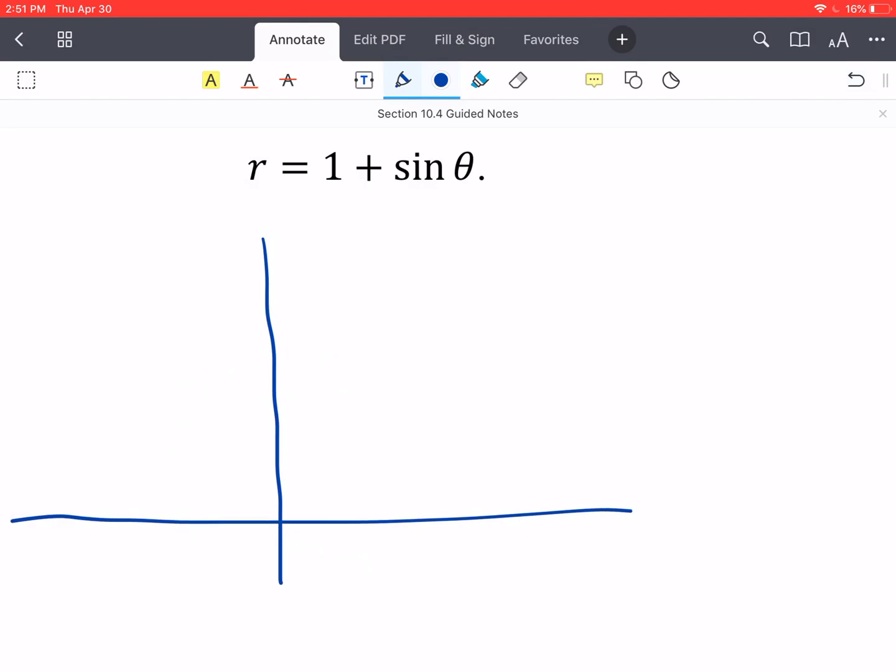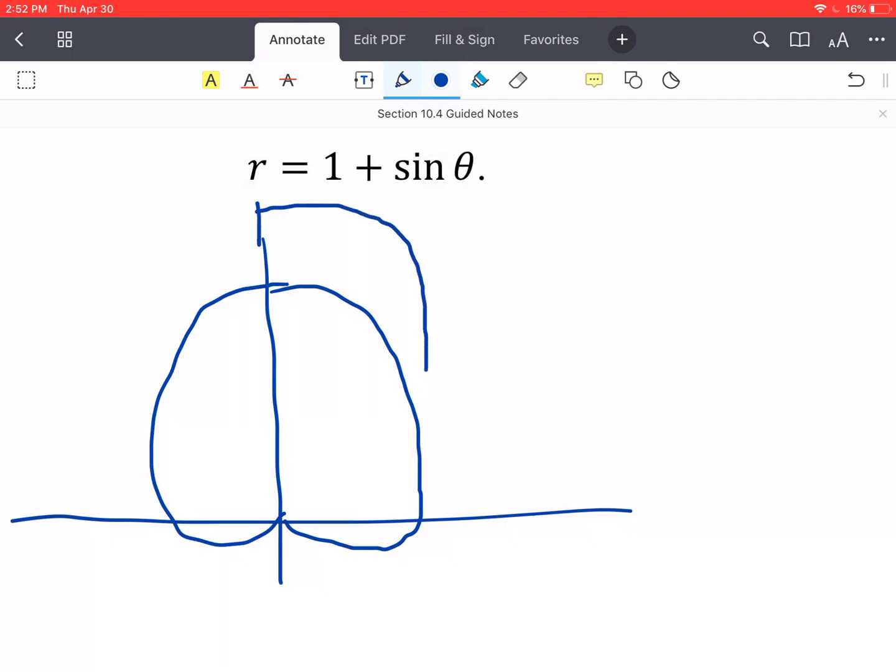Try this again. Something like that. Okay, so kind of that upside down heart shape. And then this circle is going to be up here, so it's going to actually intersect up here.